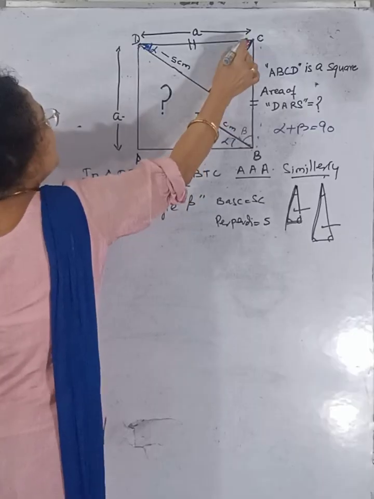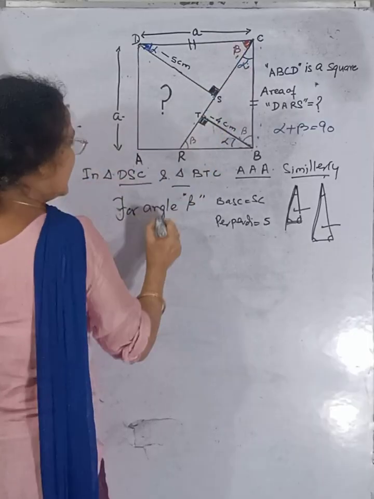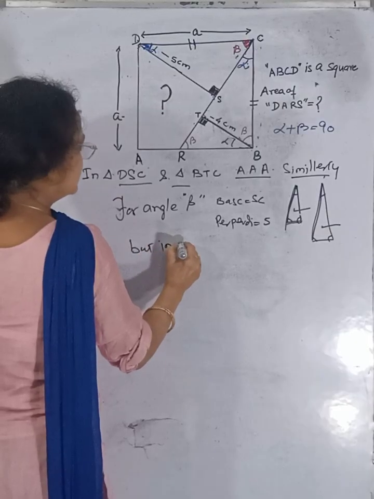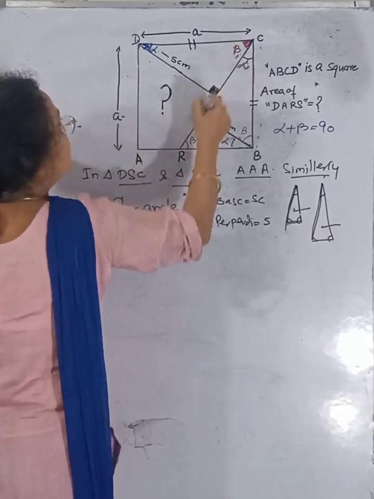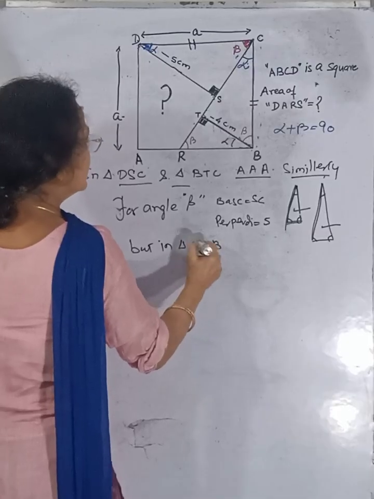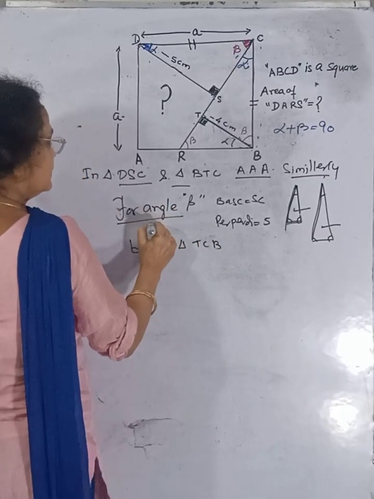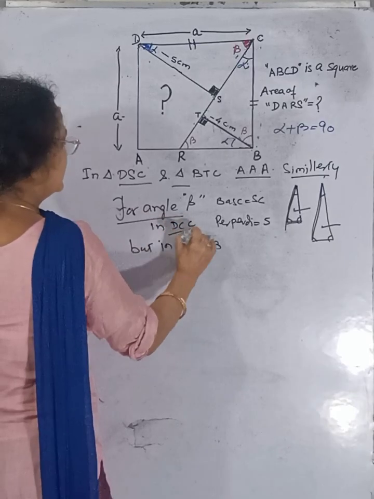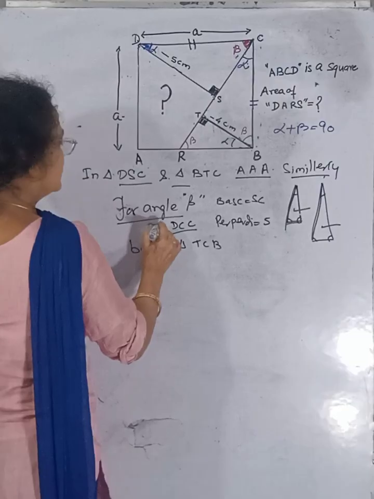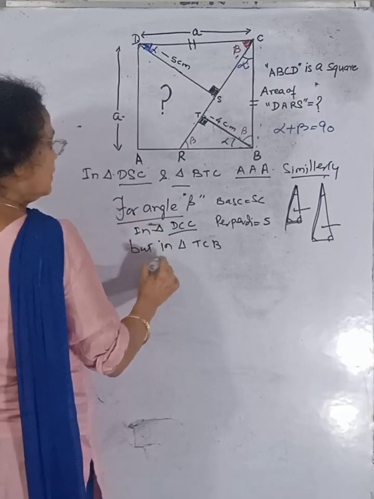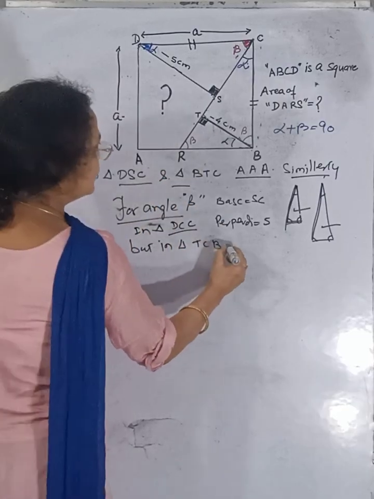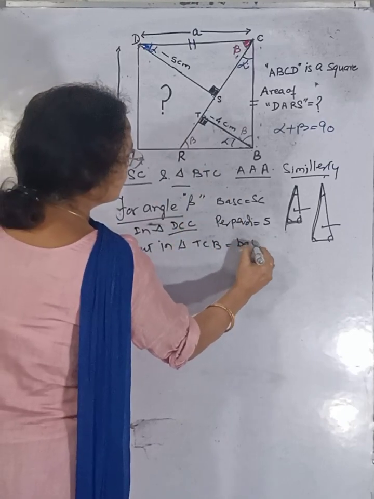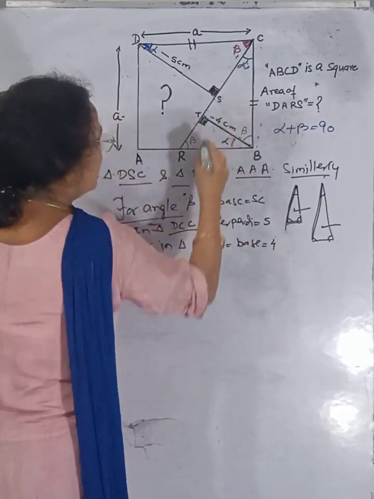The perpendicular is equal to 5, the base is SC. But in the other triangle, triangle CTB, the base is equal to 4, and the perpendicular is equal to DC.